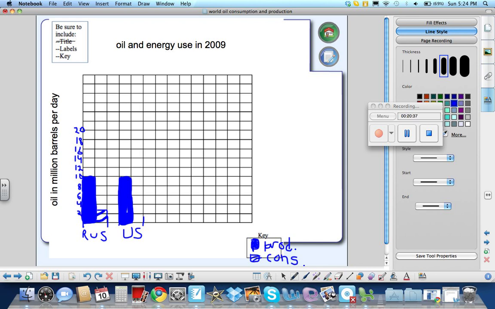Again, I apologize for mine not being very perfect. For the consumption, it's 18.8, which is about 19. So it's around here. Again, we're going to make it as perfect as we can, but it's okay if it's not exact. And remember, because this one is doing the lines, we're not shading it in, we're just making lines.